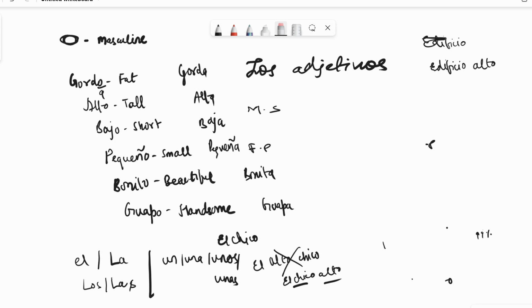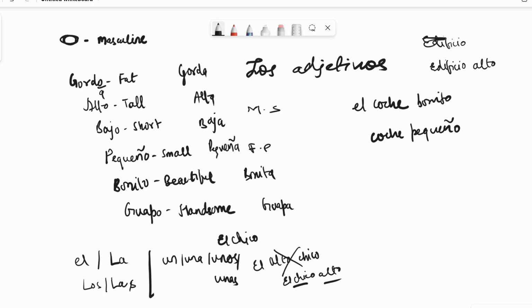So, if I want to say, let's say, a beautiful car. Now, what is a car? Car is el coche. If I wanted to say the beautiful car, el coche bonito. If I wanted to say small car, coche pequeño.